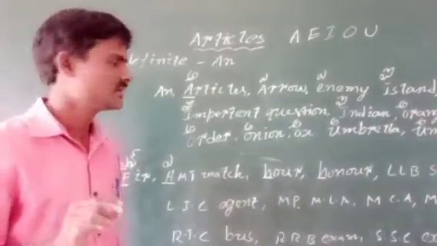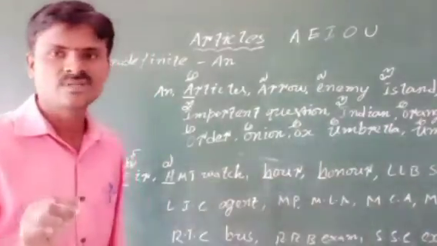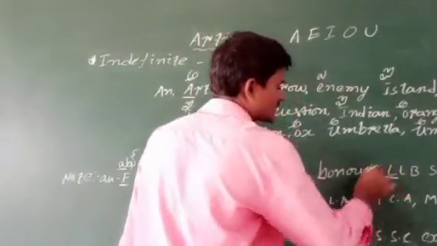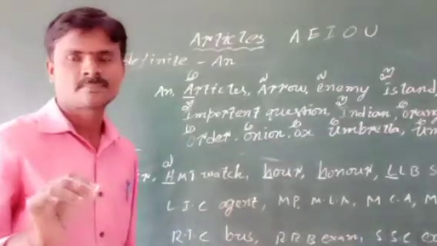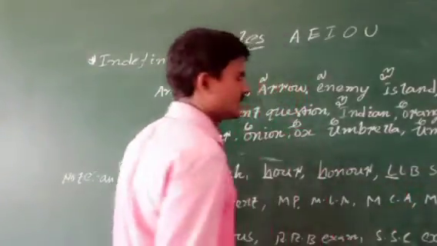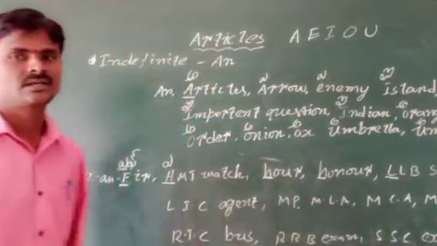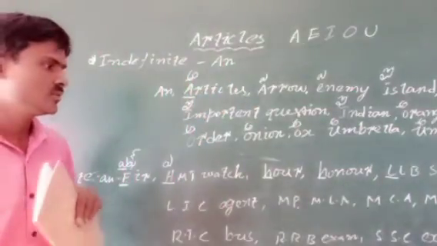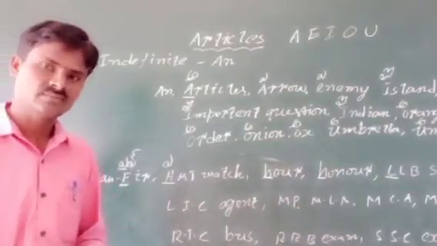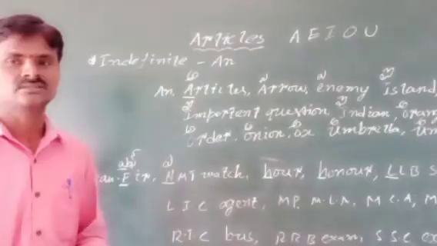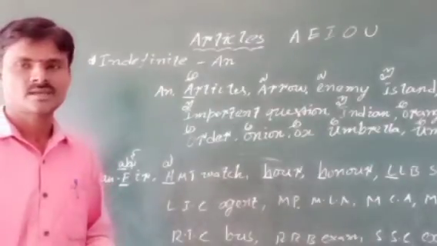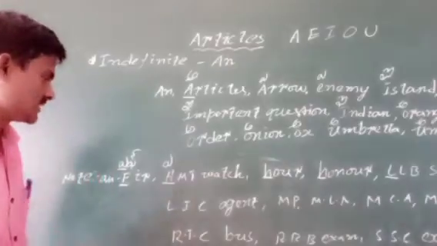An honor. Next, an LLB student. This letter is a consonant, but the sound is a vowel. So you have to use here "an" LLB student. If you use only LLB, you have to use "the" LLB because that is an abbreviation. Before abbreviations you have to use "the" definitely.